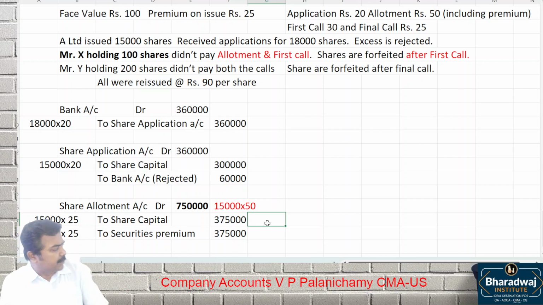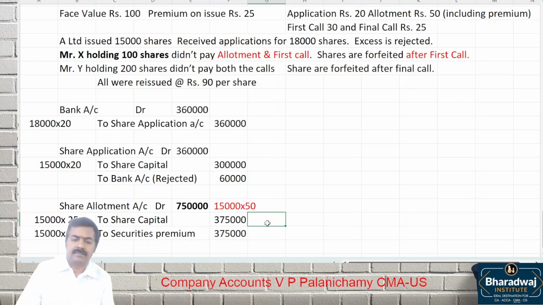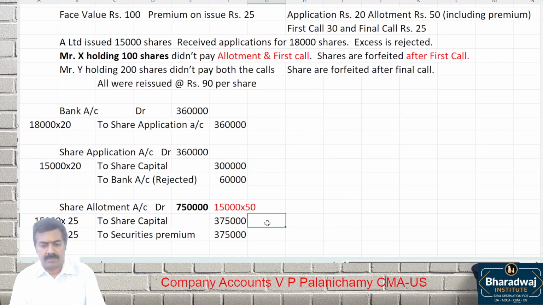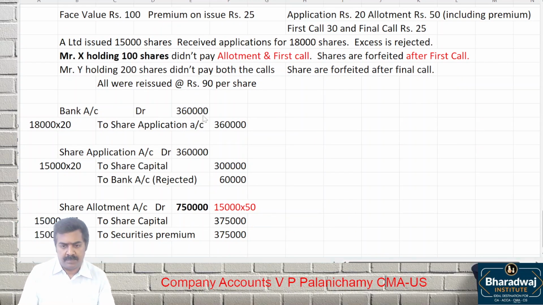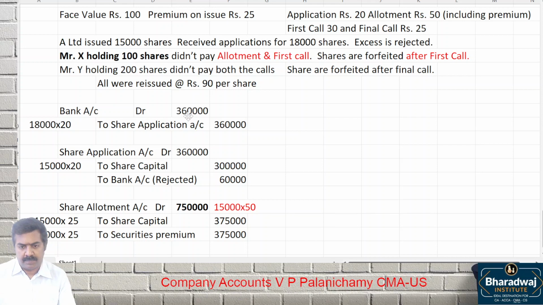In that, 25 rupees is which one? Share capital. Remaining 25 rupees is securities premium. Any doubt in it?